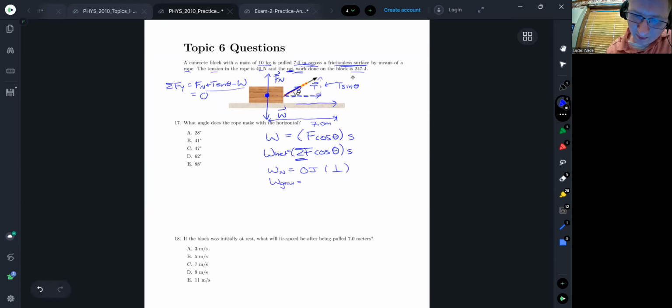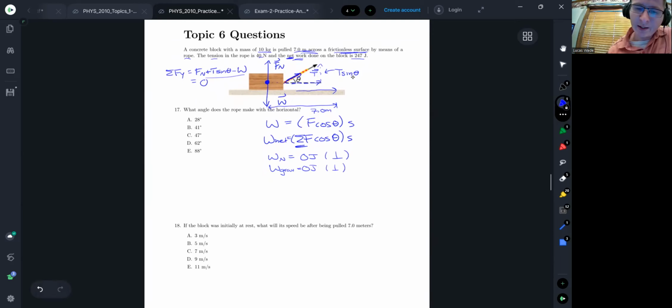In this case it is 0 joules, also perpendicular. And so we just need to worry about the work done by tension. Tension is the net force here. And so the net work done is the magnitude of that net force, which is this 40 newtons that we said, times the cosine of that angle theta.